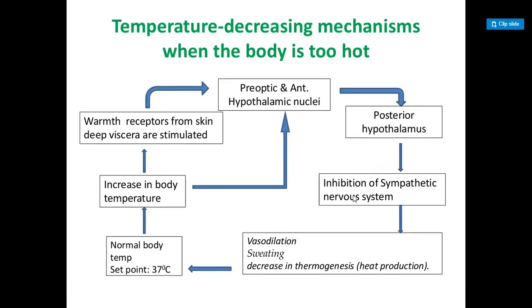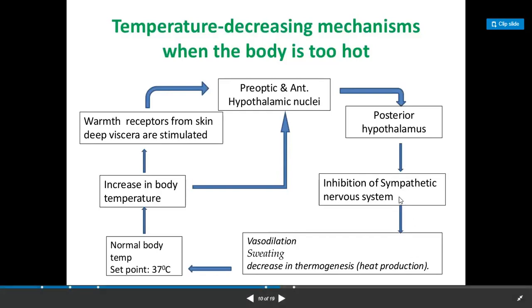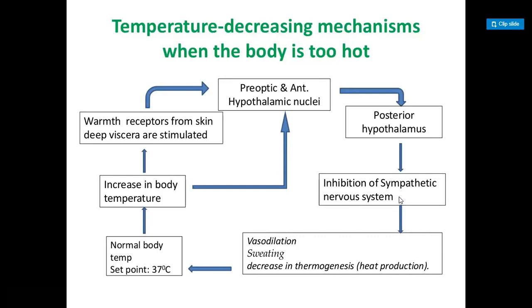They increase your body metabolism. They increase the heartbeat and every other thing. And for you to decrease your temperature, you must inhibit the sympathetic nervous system. So it means we need to stop the release of adrenaline and noradrenaline. But do you know where adrenaline is released from?